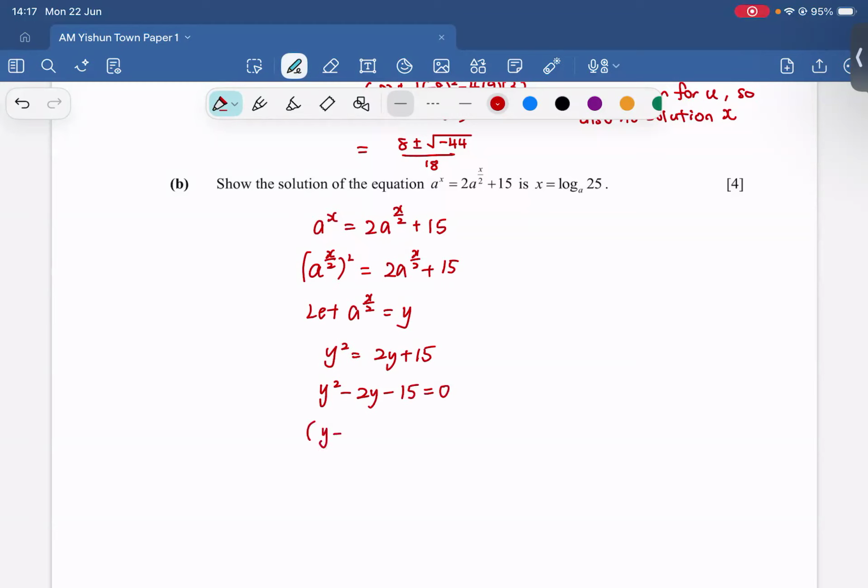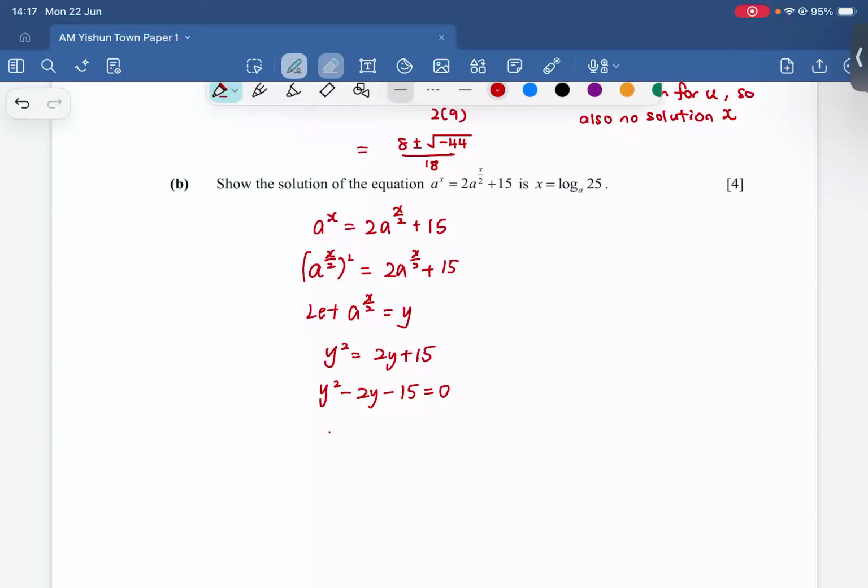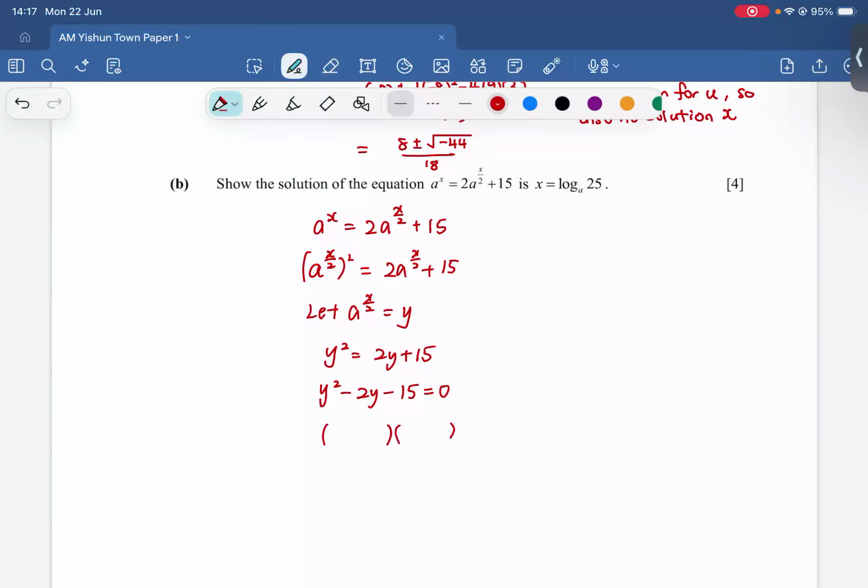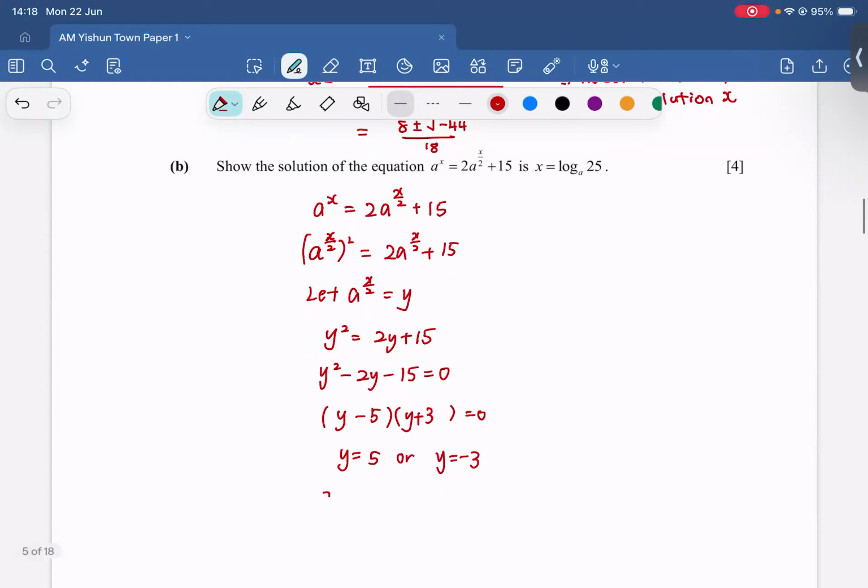This one can be factorized. So we factorize. Okay, then now we change back: a power x over 2 equals 5.